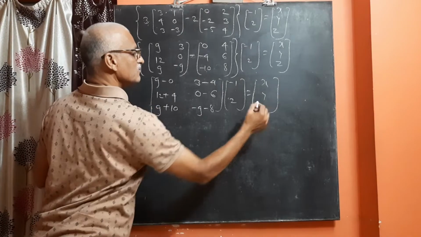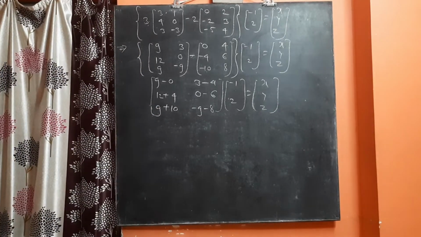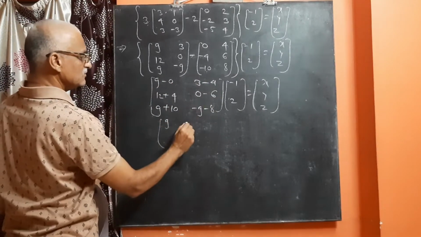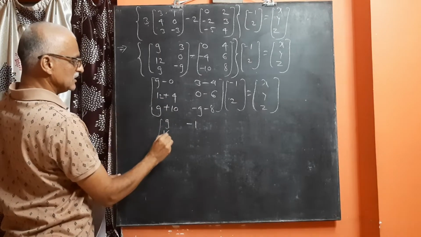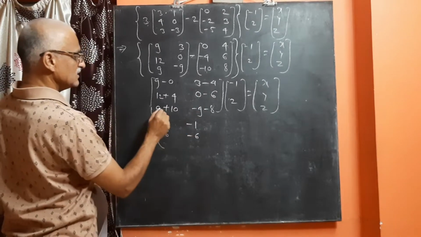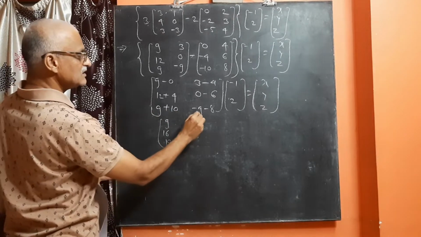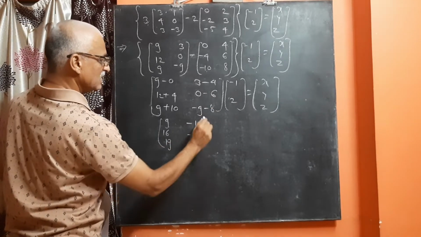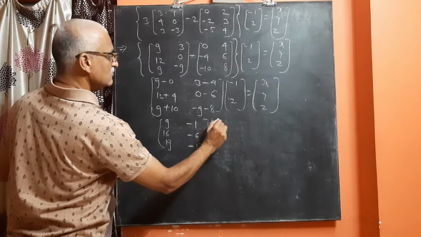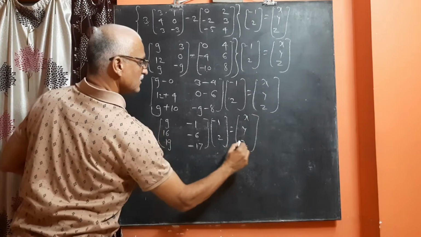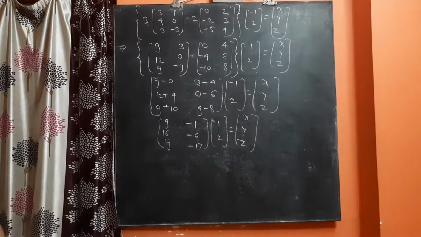So here, we have got the elements as matrix of 9 minus 0, that is 9, 3 minus 4 is minus 1, 12 plus 4 is 16, 0 minus 6, that is minus 6, 9 plus 10, 19, minus 9 minus 8, that is minus 17, into matrix of minus 1, 2 is equals to x, y and z.